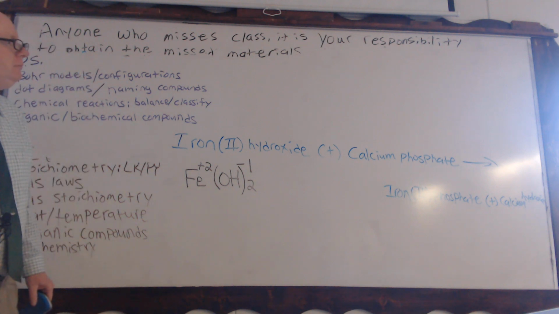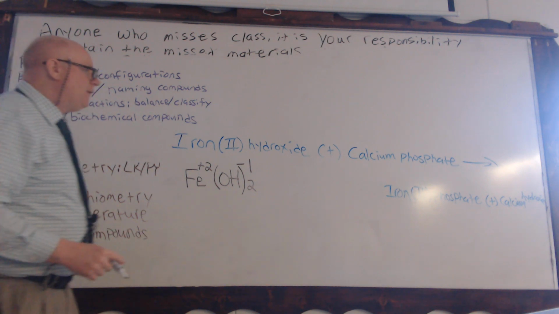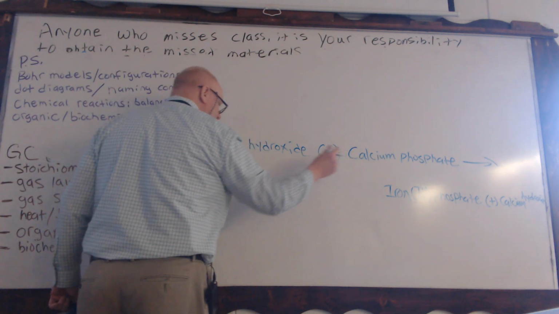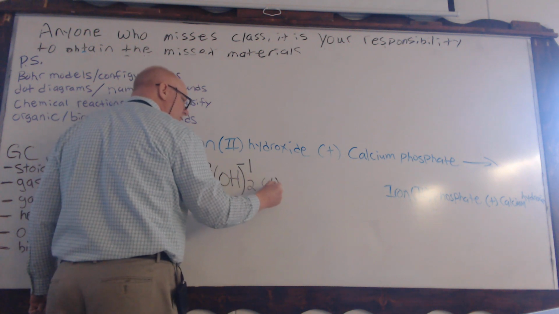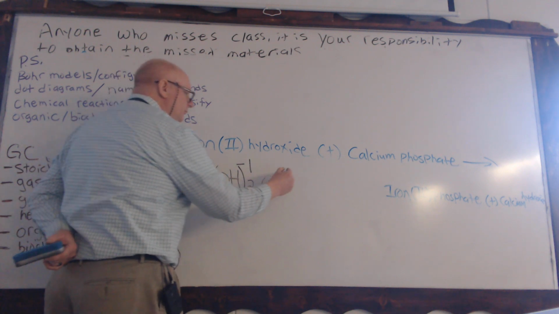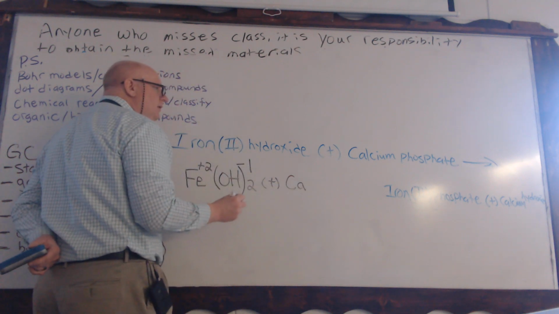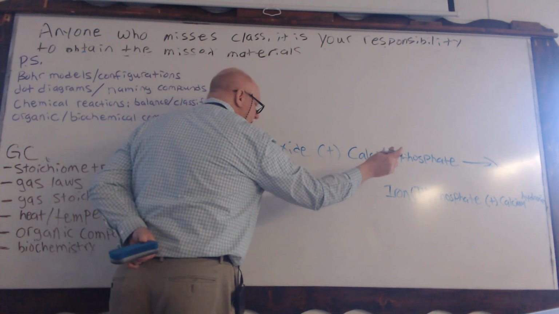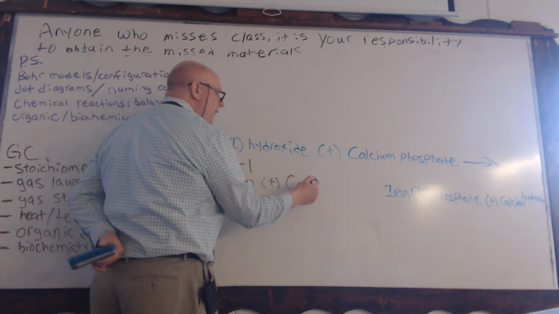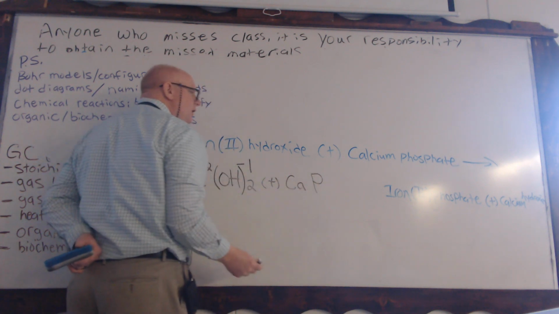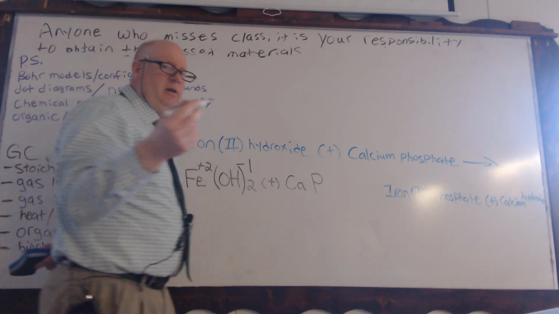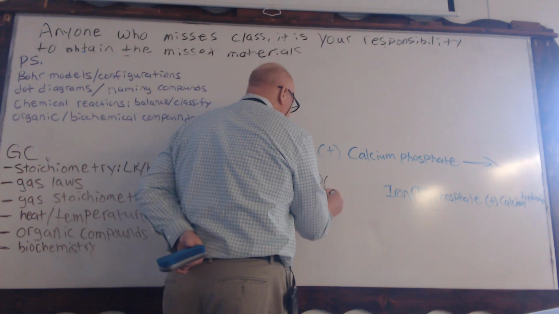Okay. What is the symbol for our calcium? Okay. And then what is the phosphate ion? Well, it's got phosphorus in it. Okay. It's got oxygen in it.